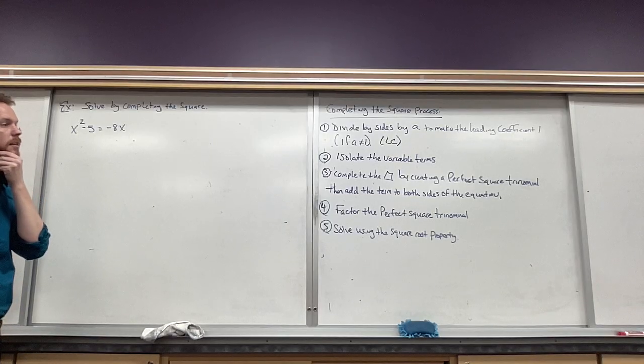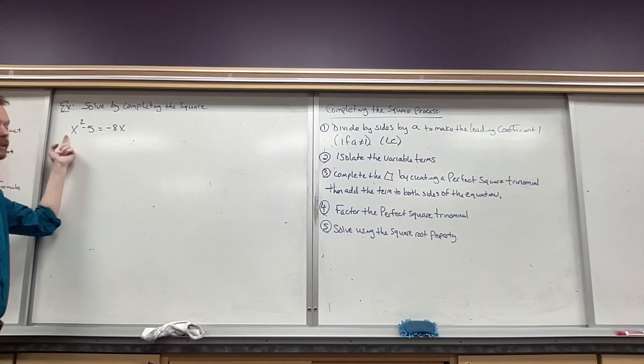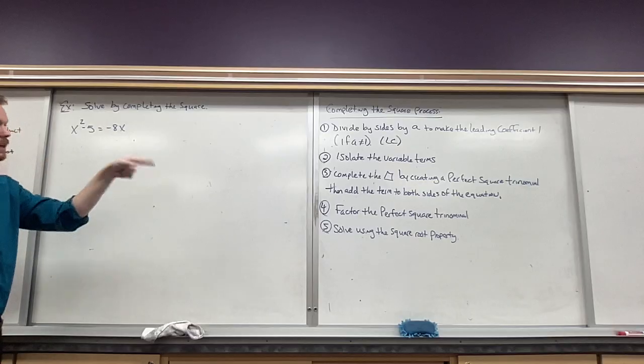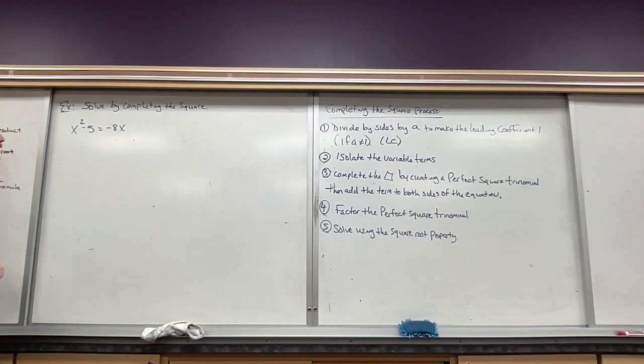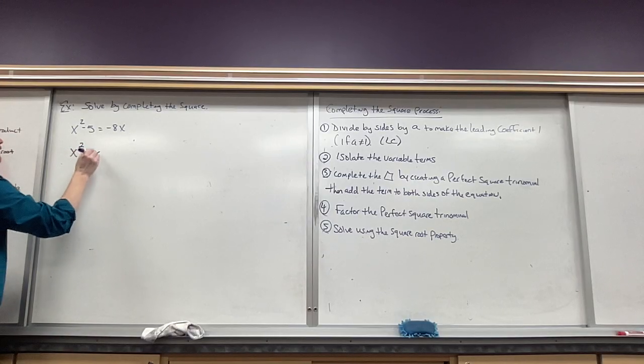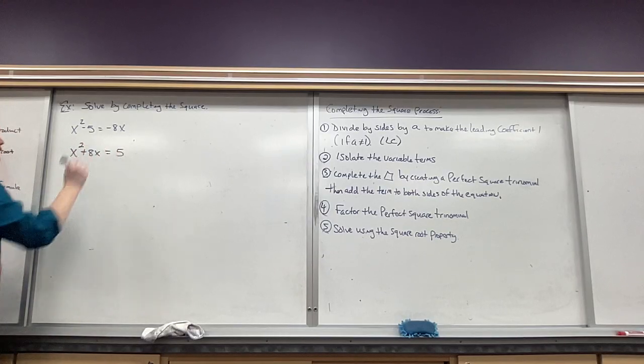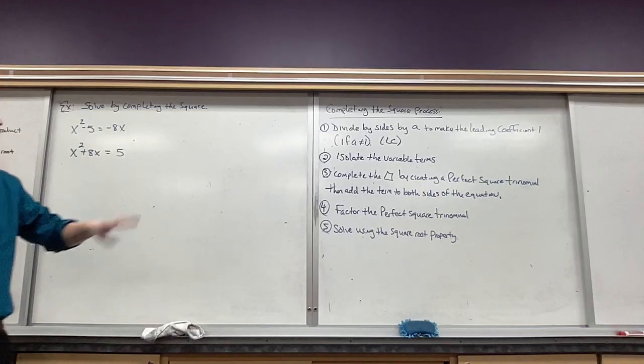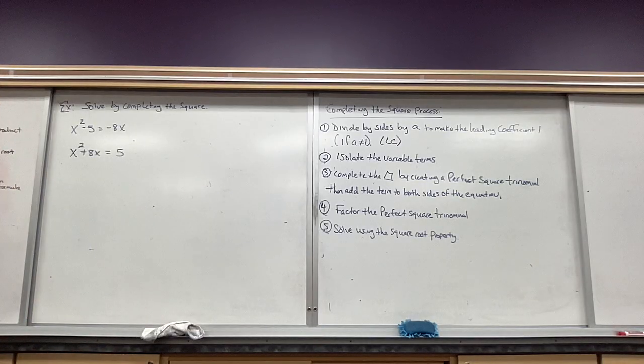Okay, divide by A to make the leading coefficient 1. Leading coefficient's already 1. Skip it. Step 2, isolate the variable terms. Let's move the 8x over, and we'll move the 5 over there. So x squared plus 8x equals 5. There we go. Step 3, complete the square by creating a perfect square trinomial.